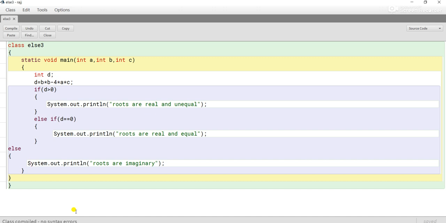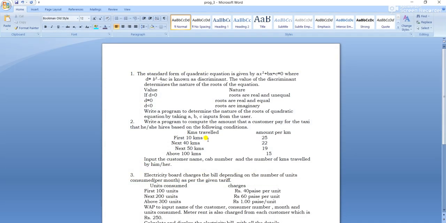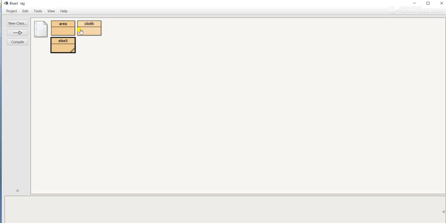But in the previous case, when we used a non-static function, we just wrote void main. During that time, the function can execute only after creating the object. You can see in the next screen. When you right click on this concerned class and choose new along with that class name, then the object is going to be created.